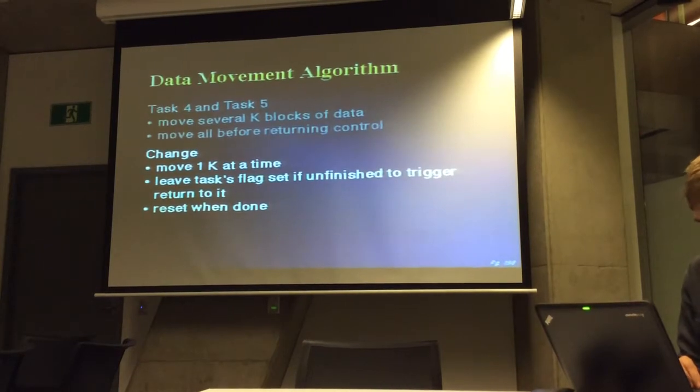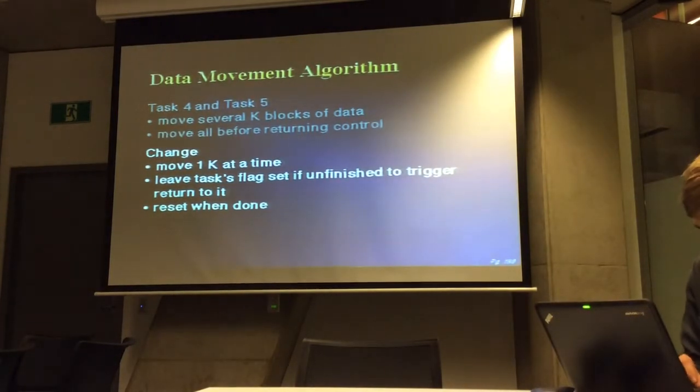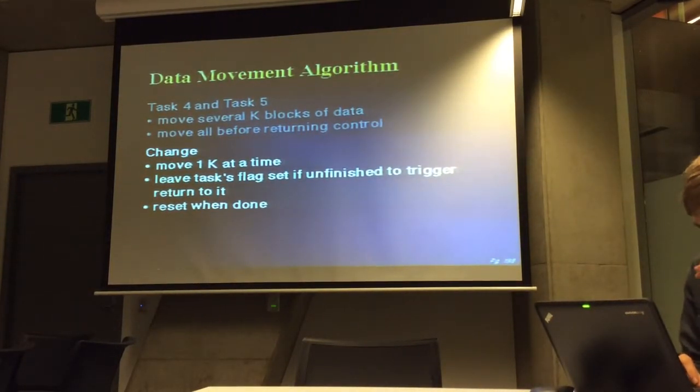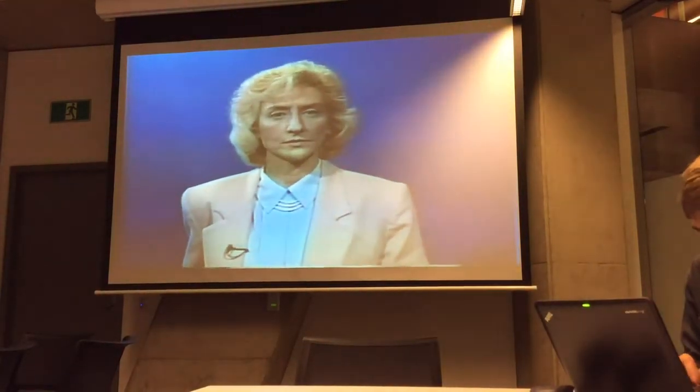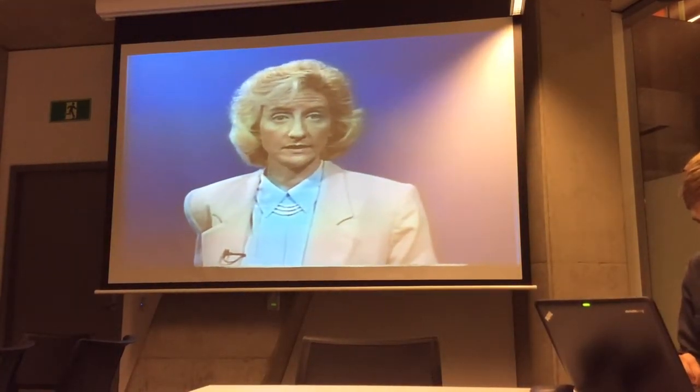Instead of moving however many thousands of bytes of data there were to be moved all at once, the task would move 1 K of data and then set a flag if it had not moved all of the data. Then it would check to see if there was other work to be done. When the task had another opportunity to run, it would check to see if there was more to move, and it would then move another K.